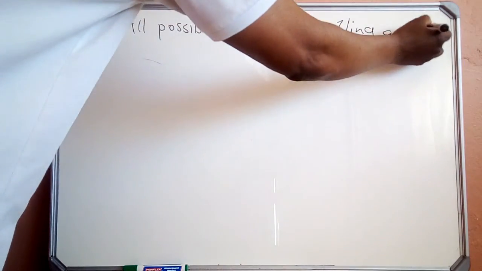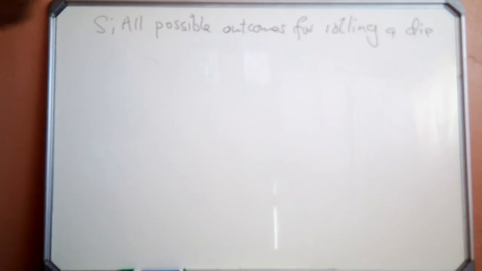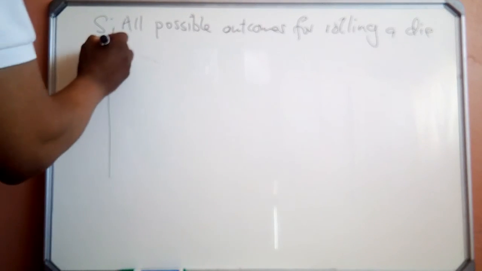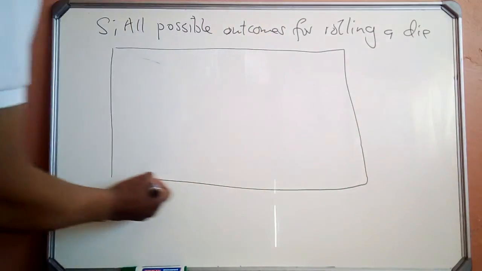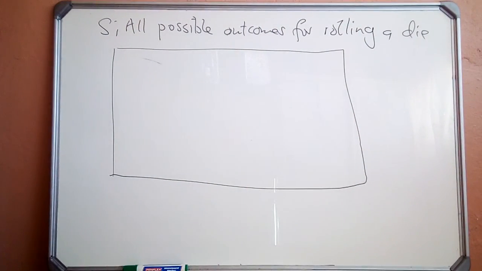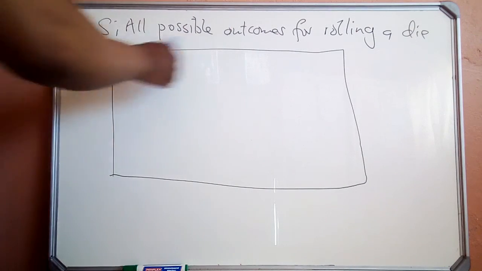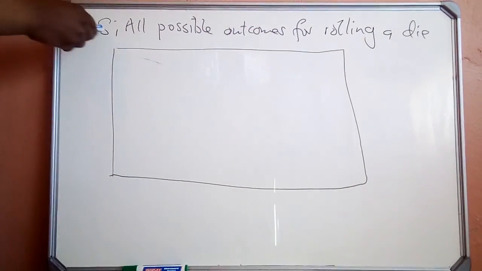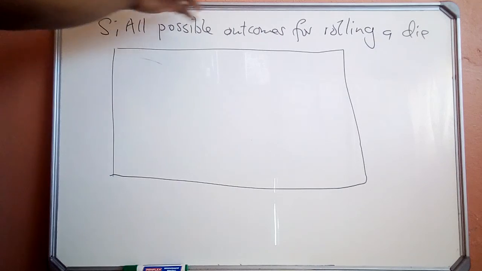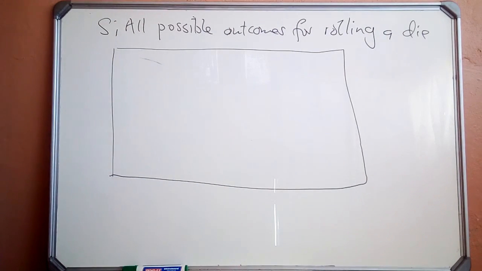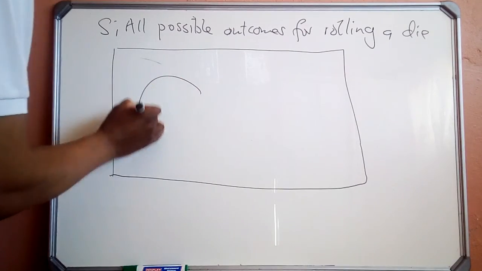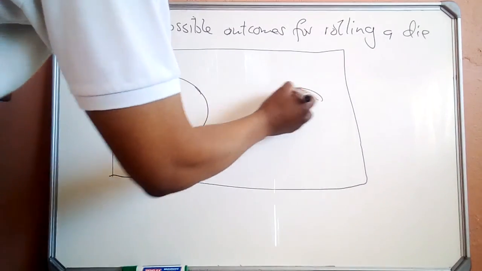This is then going to be our Venn diagram. Remember that the rectangle represents the sample space, meaning that all the possible outcomes are within this particular sample space. And then we'll have 2 sets here.